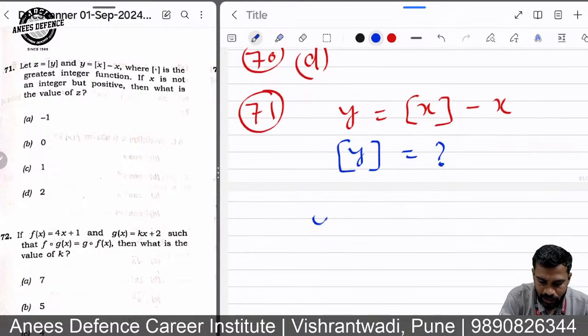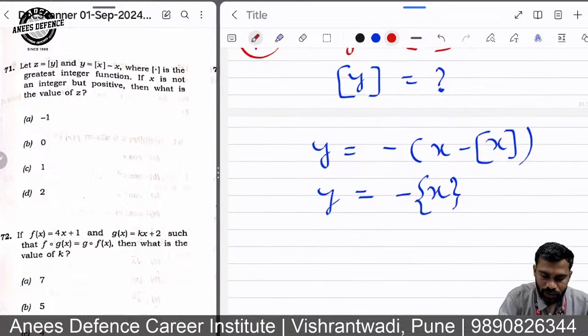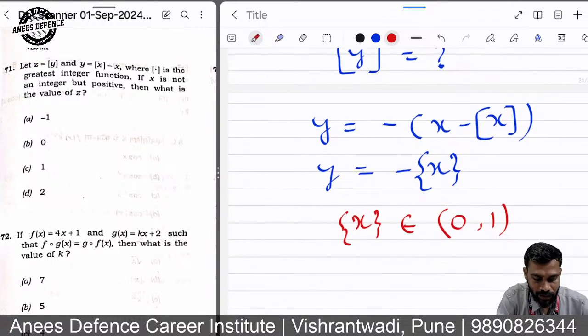So can I write y is equal to minus times x minus GIF of x? x minus GIF of x is the fractional part of x. So this is the fractional part of x, right? Now we already know, since x is not an integer, the range of the fractional part of x is 0 to 1, right? It is not an integer, so we have to exclude 0 as well.